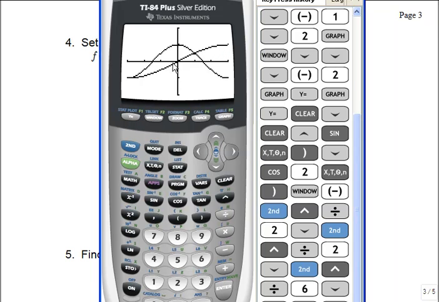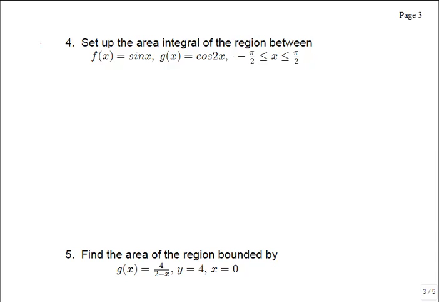So let's draw a rough sketch of this, and then we'll find those intersection points. So our graph is going to look something like this. Our sine curve from minus pi over 2 to pi over 2 looks kind of like that. And then our cosine of 2x looked something like this.